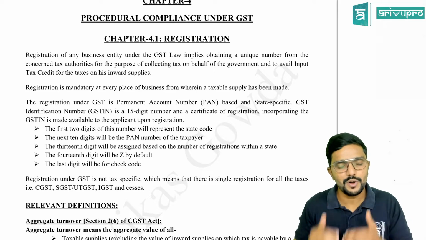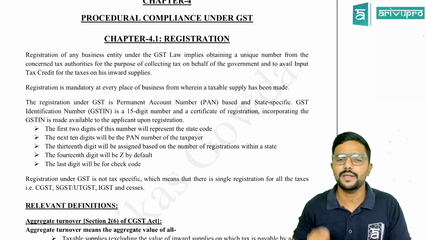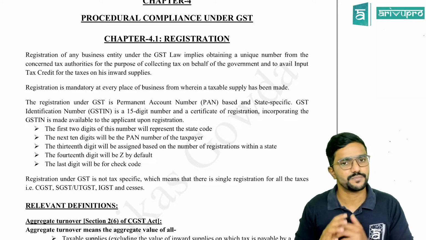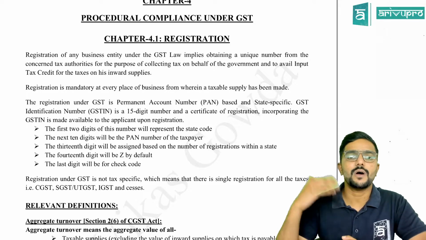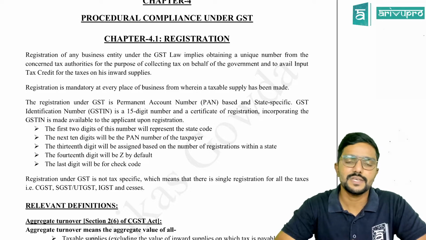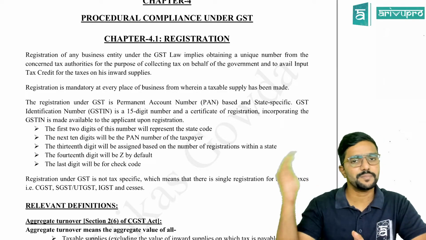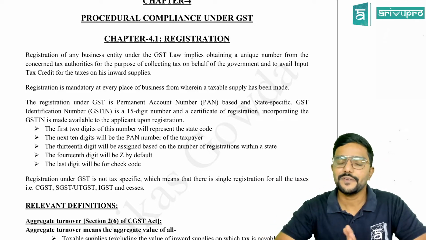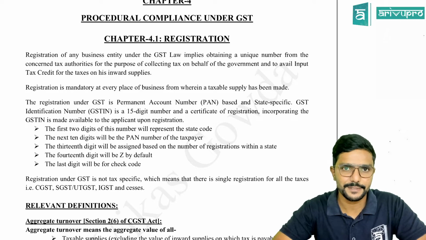And once a person is registered under GST, on his outward supply he is liable to pay tax, and he is eligible to collect it from the recipient and give it to the government. If he fails to do so, then the supplier has to pay it out of his pocket.